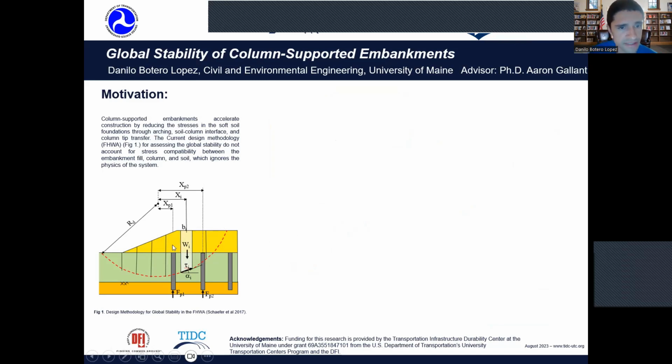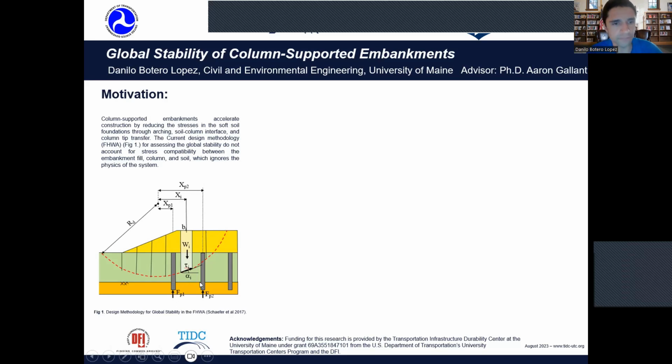For example, one is the arching mechanism that transfers the load of the fill to the columns, and then the remaining soil will generate some deformation, and compared with the deformation of the column, will generate some downdrag. And finally, the stresses at the tip are transferred to the more competent soil.